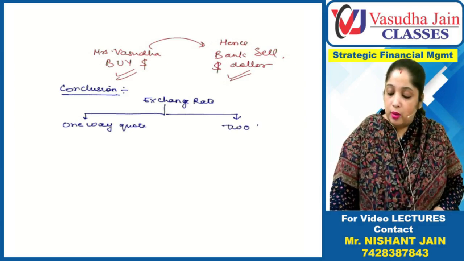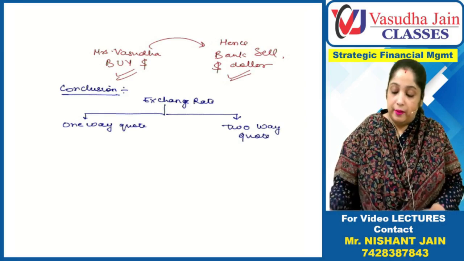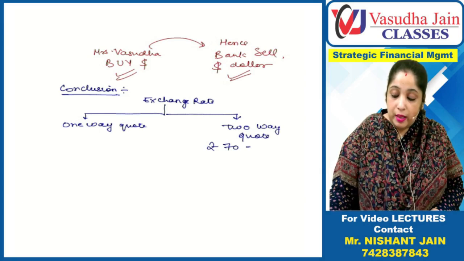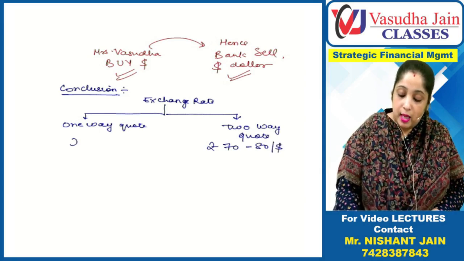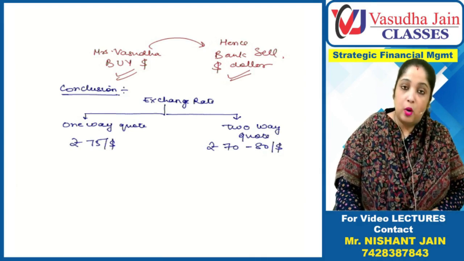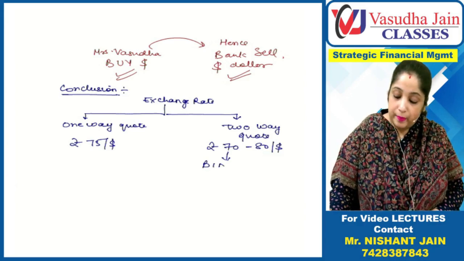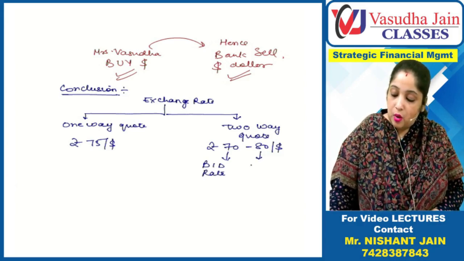And there is a two-way quote. In the two-way quote, the buying and selling rates are different. Bank can buy at some other rate and bank can sell at some other rate. And if I write like this, that is buying and selling rate of dollar by bank is same. And here this rate is called bid rate and this rate is called ask rate.